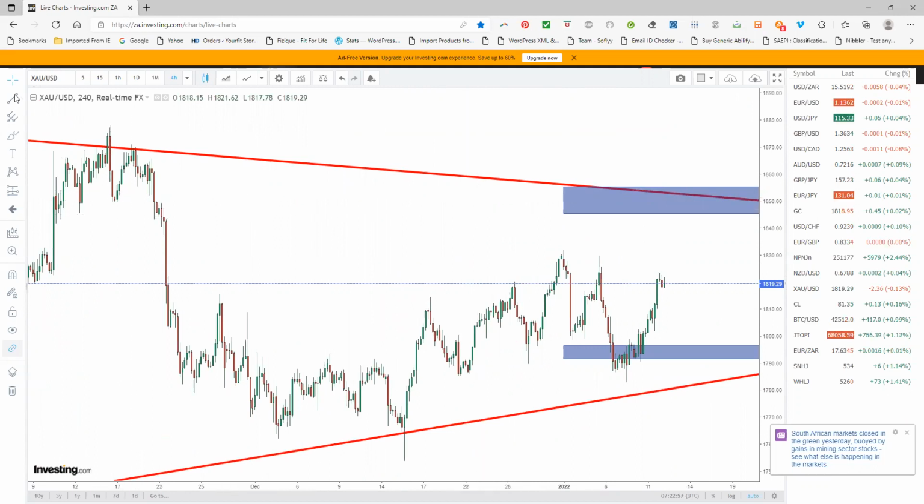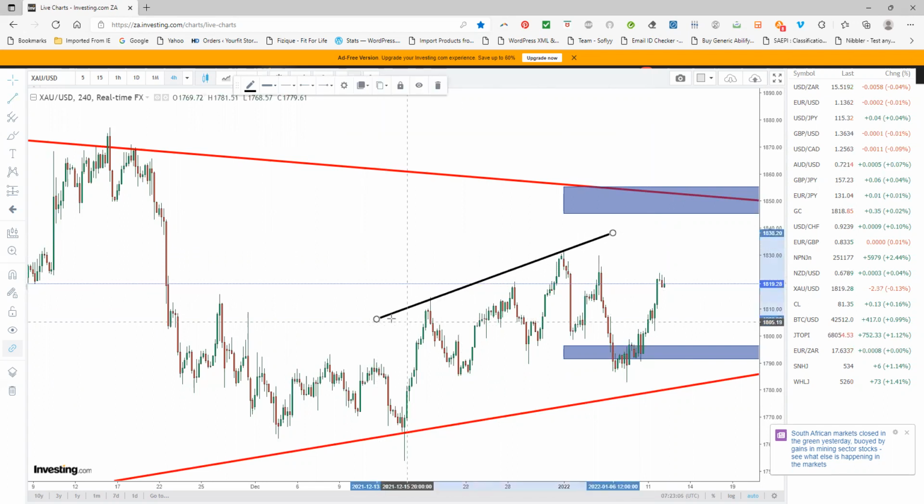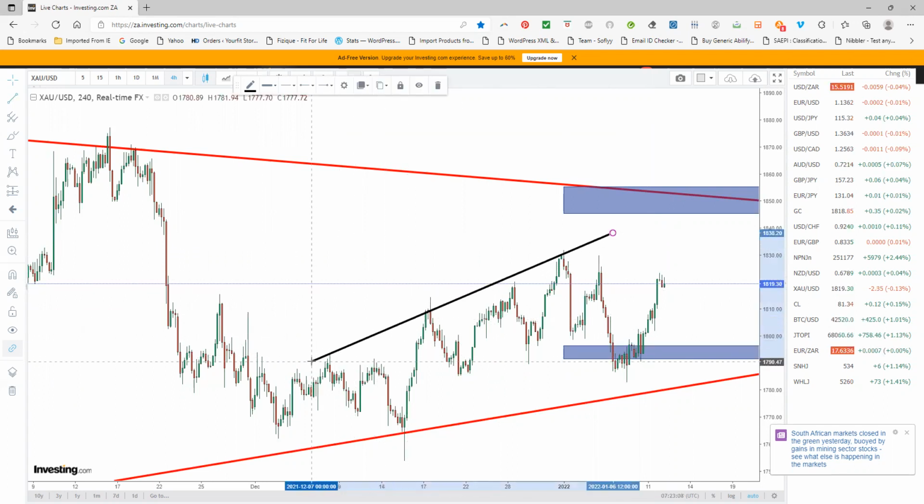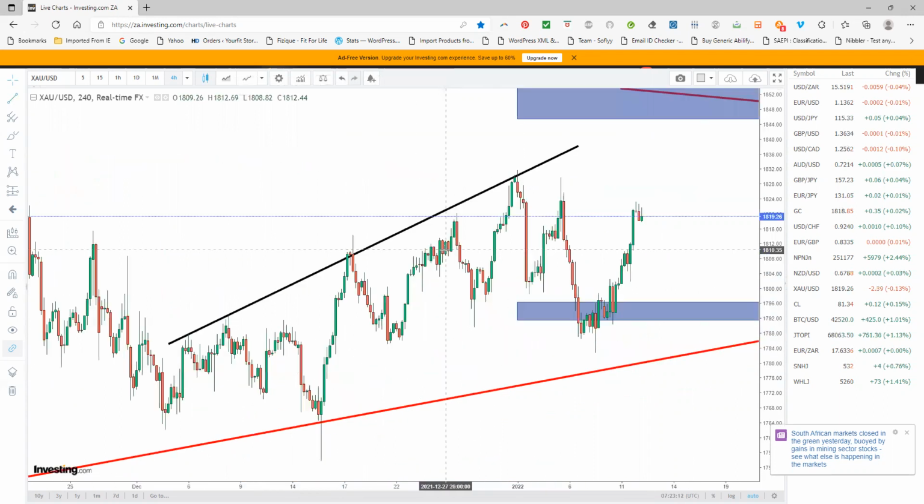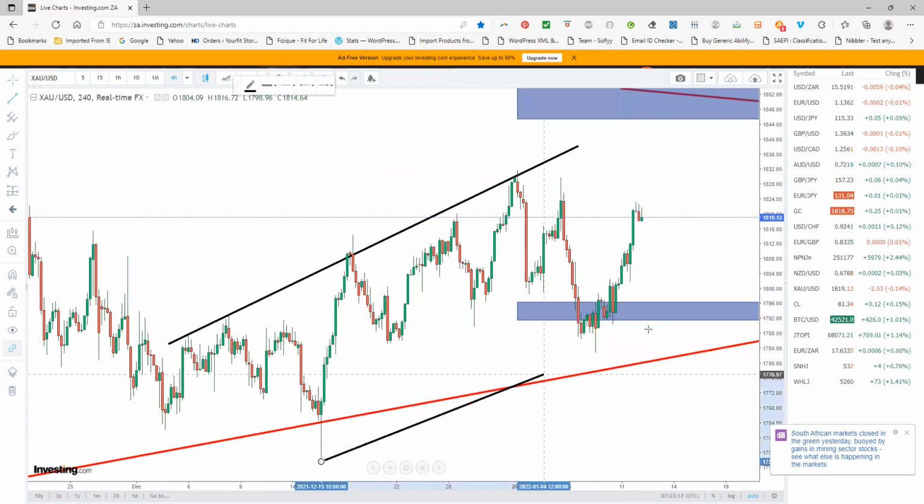Is there a pattern? Is there something going on with price? Higher high, higher high, higher high, I try and understand what is price doing. Is price moving in a particular direction? Is it not moving anywhere? Is it going where?